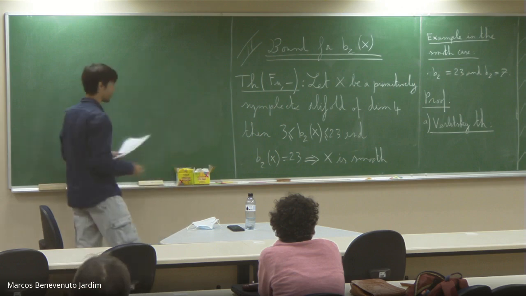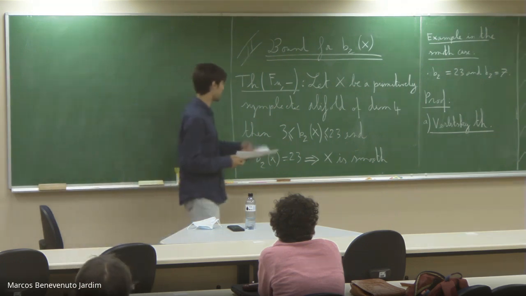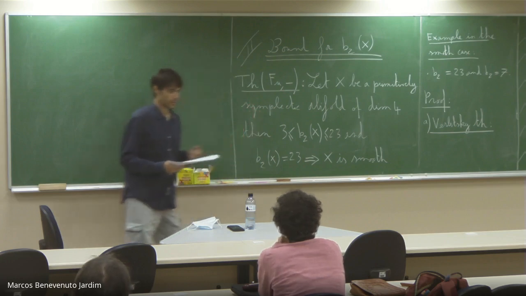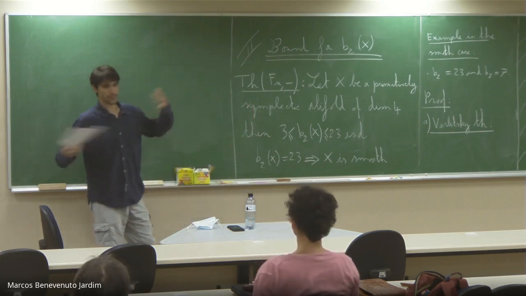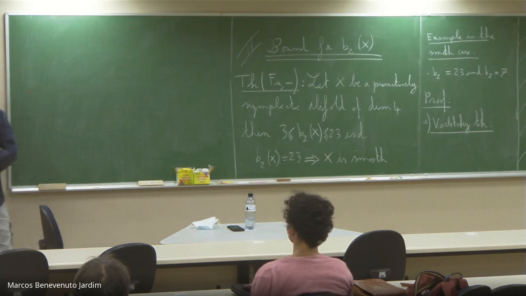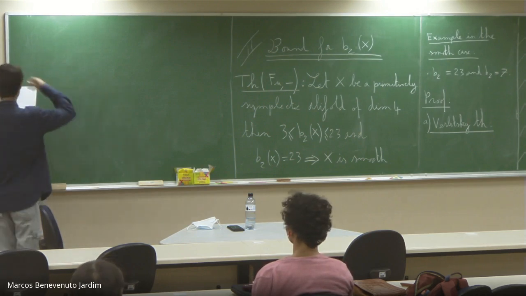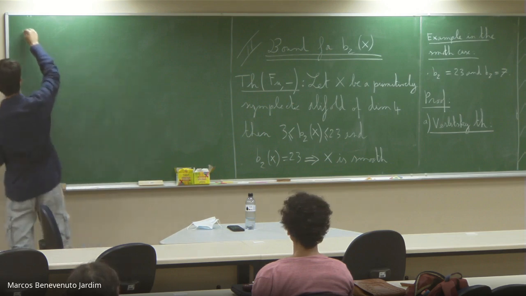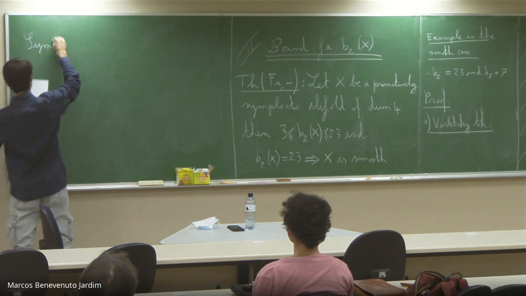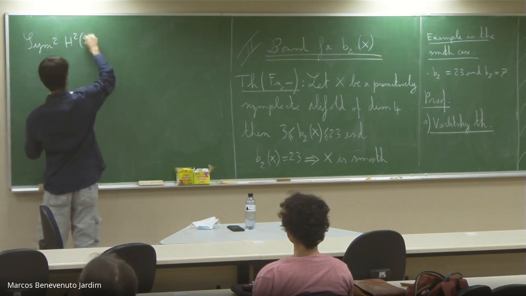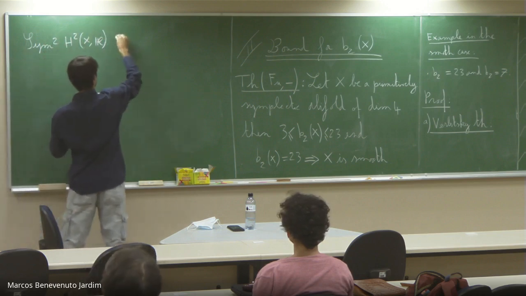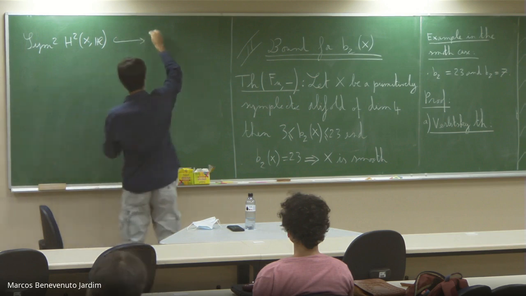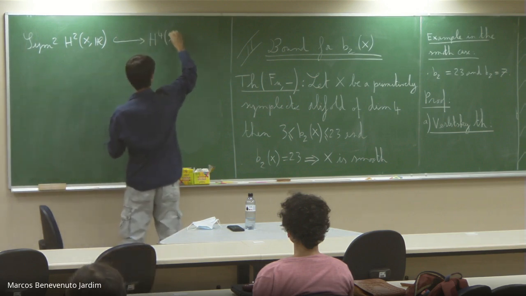In the smooth case, we have Riemann-Roch, but in the orbifold case, it's more complicated, so I will have to give you the orbifold version of Riemann-Roch. The Verbitsky theorem says that the symmetric product of H2 of X over R is embedded inside the H4 of X over R.